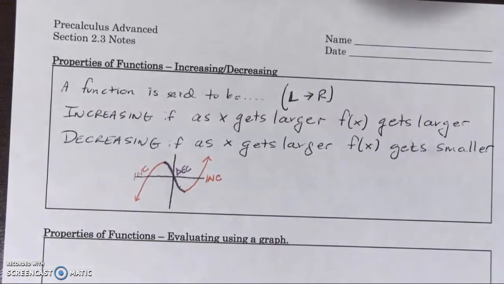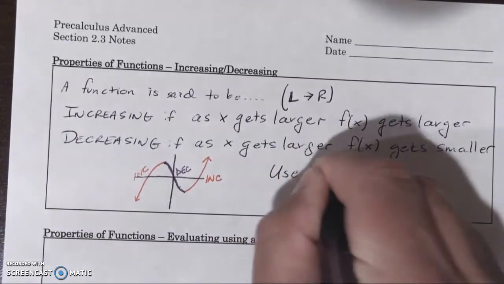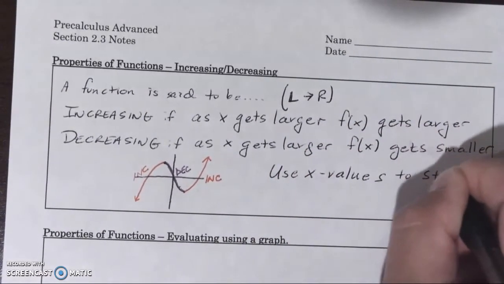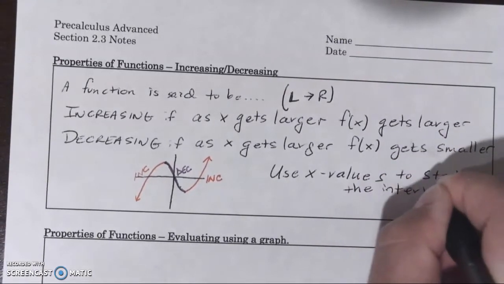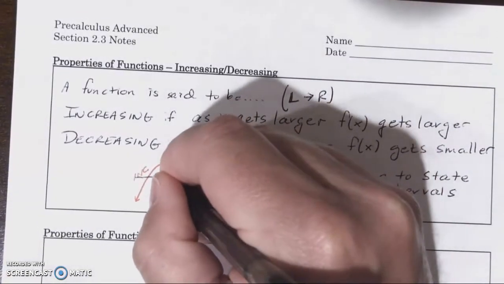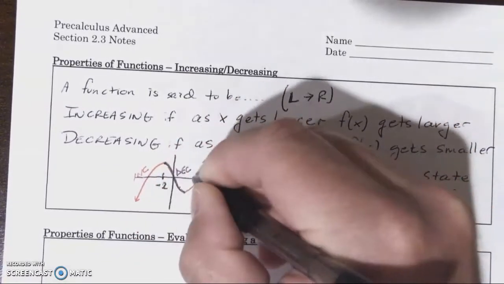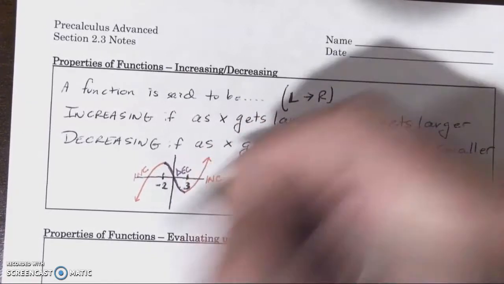All right. Now, how are we going to write this? We want to use x values to state the intervals. Now I'm going to put some x values on here. Let's say this x value is -2, and this x value is +3.